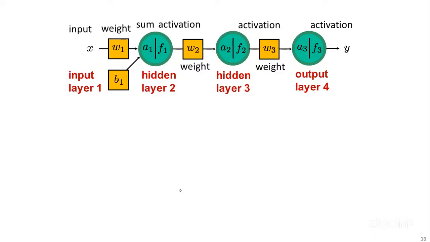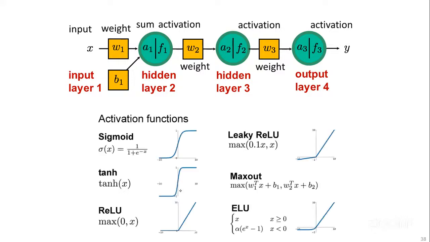Now in the next layer, the weight here is W2, and the activation function of the next hidden layer is F2. Again, the next layer has weight W3, and that is how you get the output. Here F1, F2, F3 are the activation functions, W1, W2, W3 are the weights, and B is for bias.